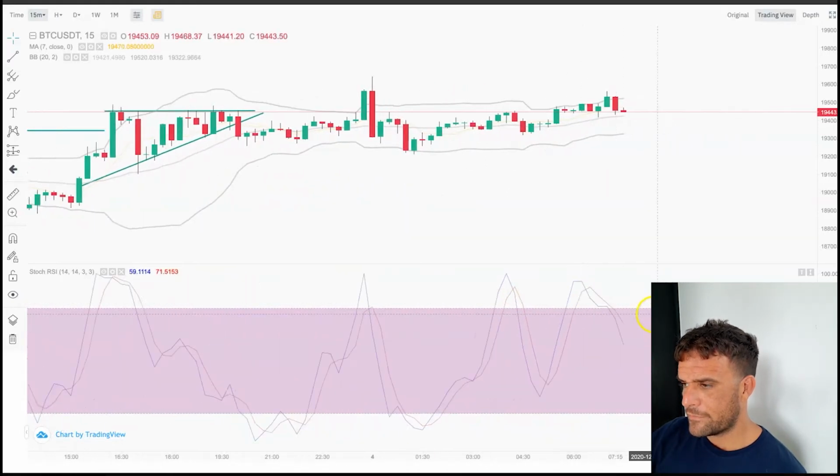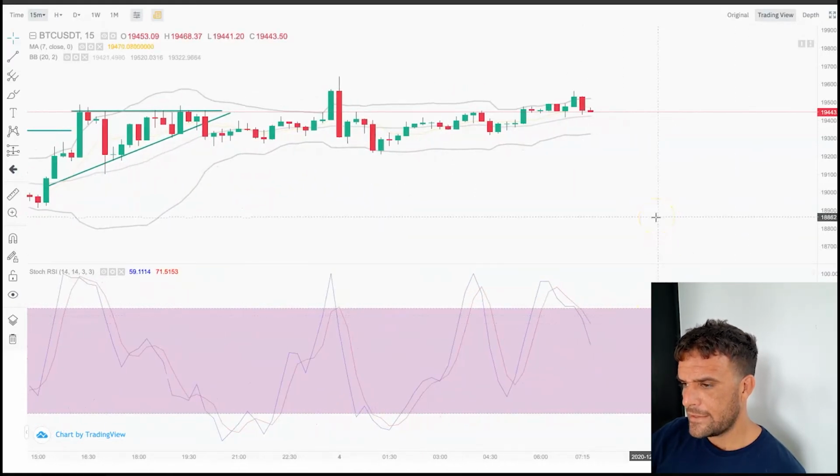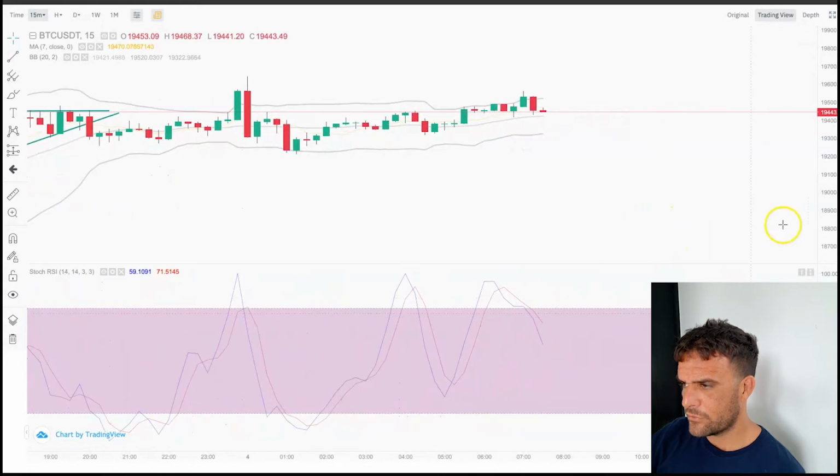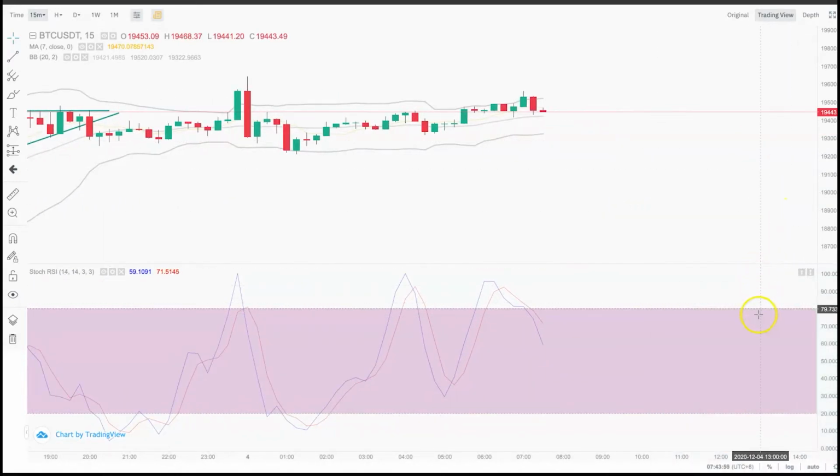What we have is a few different components to this. You can see on the right-hand side down at the bottom, 0 to 100. This is our RSI, our relative strength index, and it gives us a range to know if something is overbought or oversold. So you can see we have 0 to 20.